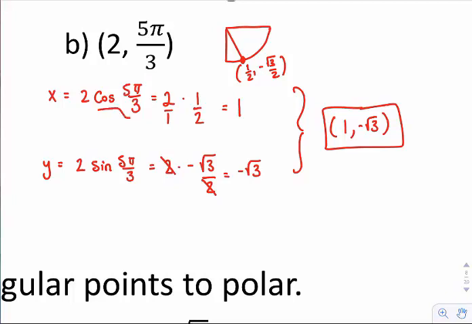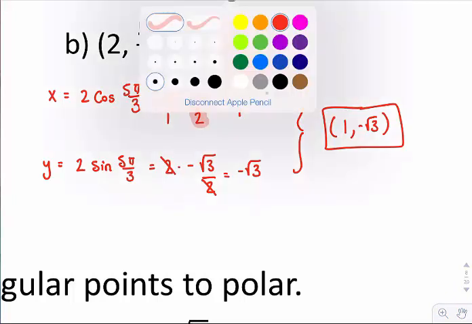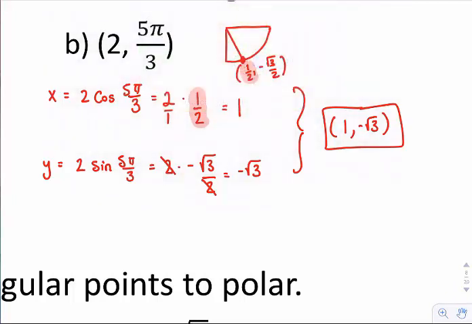Know that cosine is your x value, so it's this 1/2. I'll highlight the values as I'm going through here. The sine value is going to be your negative radical 3 over 2. That's where I'm plugging these values in. Again, it's r times the cosine theta and r times the sine theta. We simplify them, and that's what's going to give you your point.